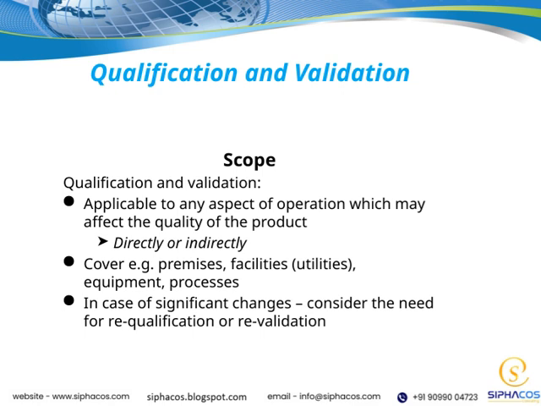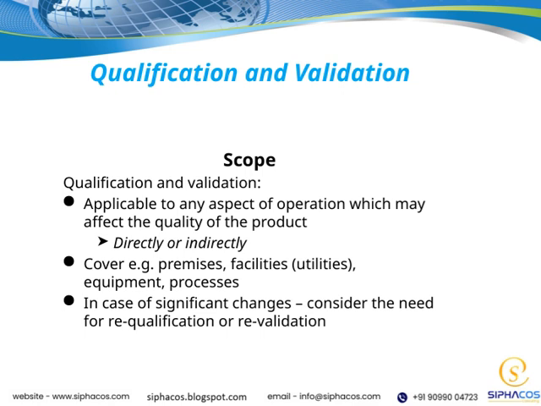It's important to remember that whenever we make significant changes, whether to facilities, equipment, or processes, we need to consider whether requalification or revalidation is necessary. This ensures that we maintain control and consistency throughout our production. Qualification and validation are essential tools for verifying that our operations consistently produce quality products, aligning with our overall quality management goals.